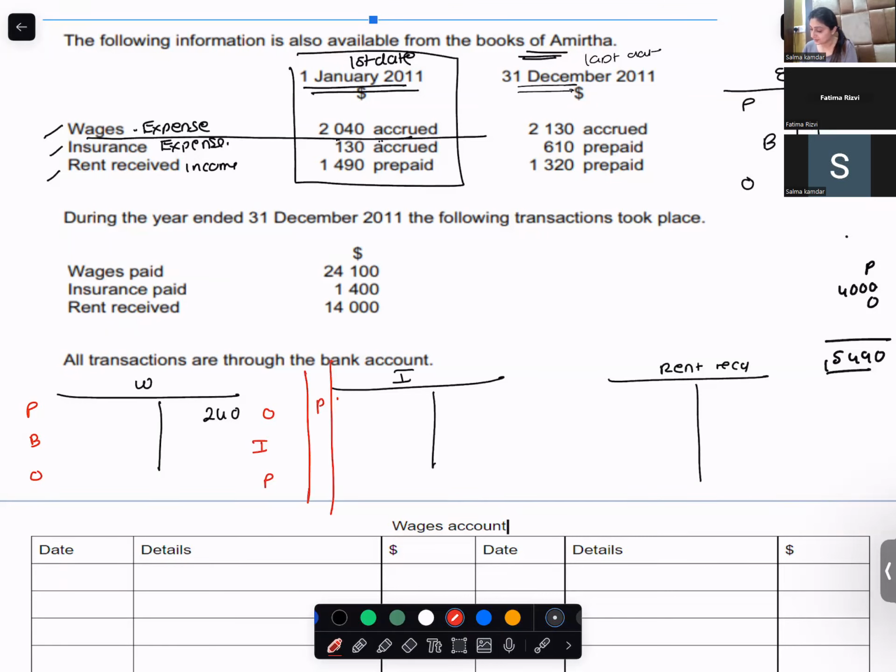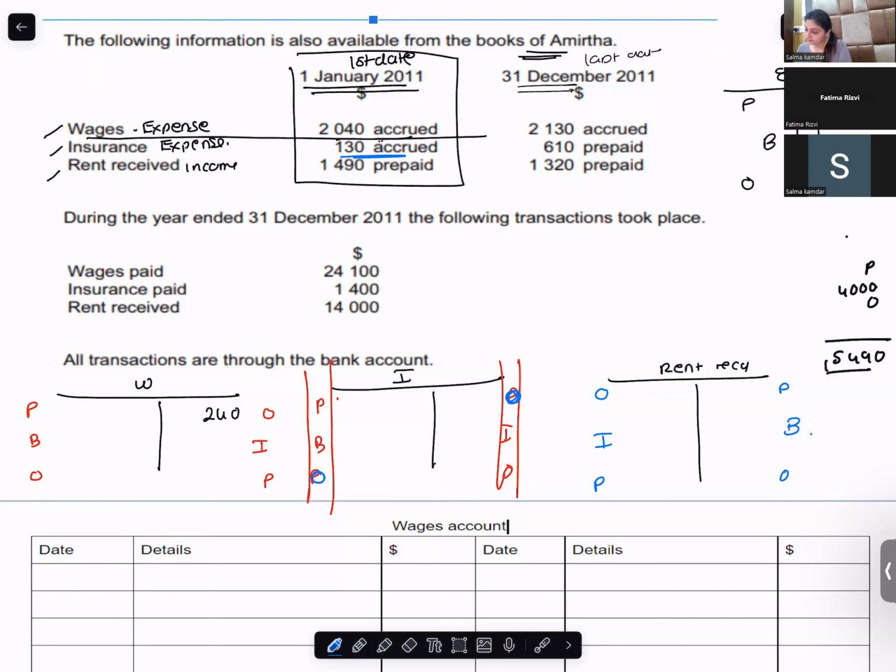Are you with me? Come on, insurance, first date, outstanding, credit side. Rent received, first date prepaid. Debit side? No, you have credit side. You just need to know POPO B or OPOP IB and put it according to the format.